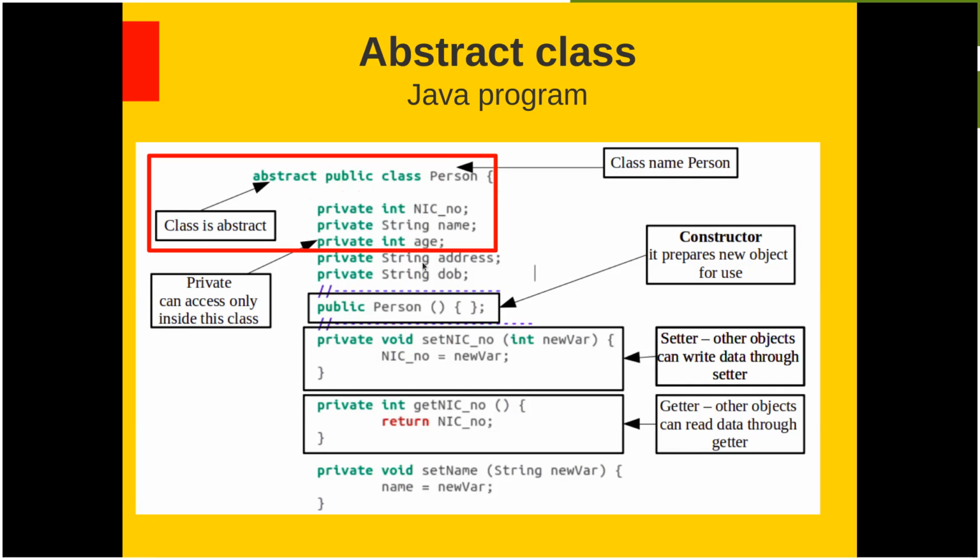And these are attributes. When we type private here, all these attributes become hidden within the class. Private can be accessed only inside this class.